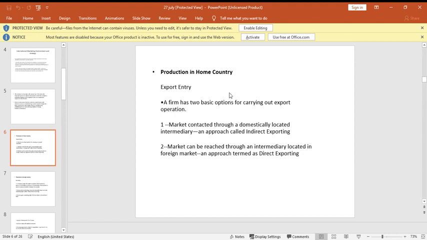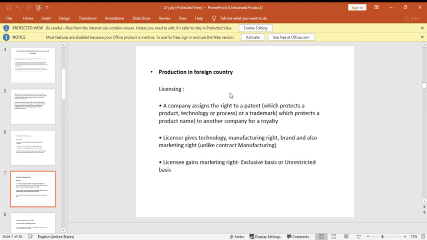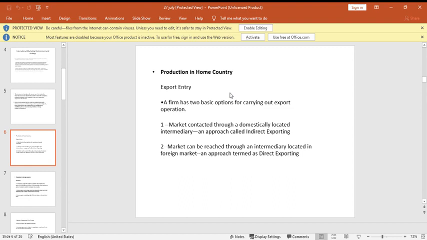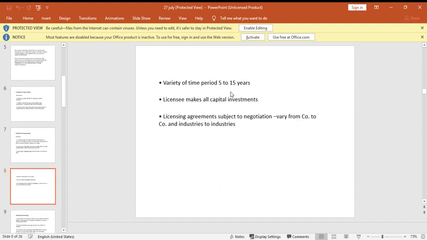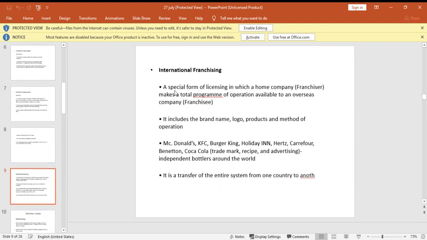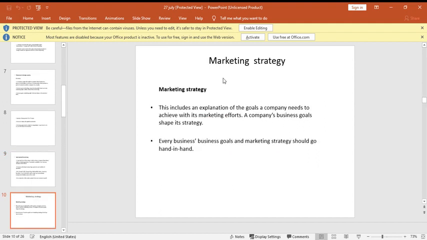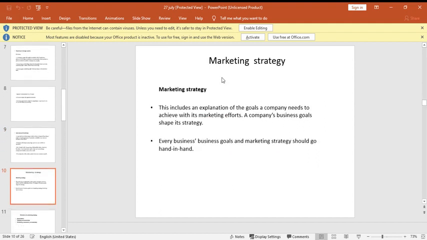So we have learned production in home country, how export entry is done, and what production in a foreign country is. We have to get the license. Then international franchising includes the brand name, logo, products, and method of operation. We have learned what marketing strategy actually is.